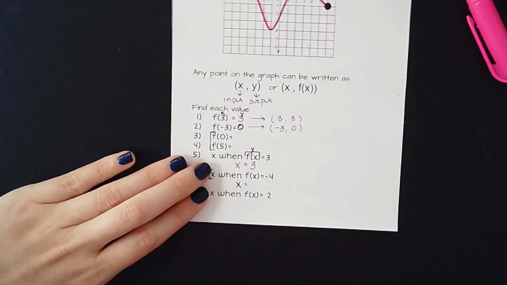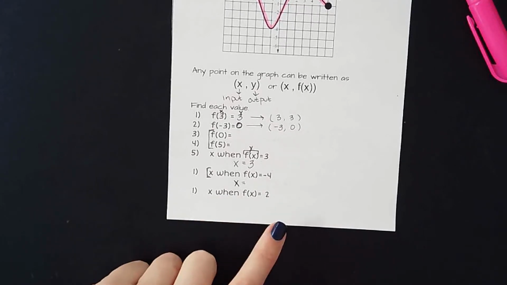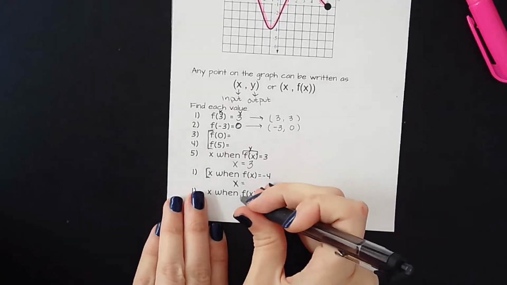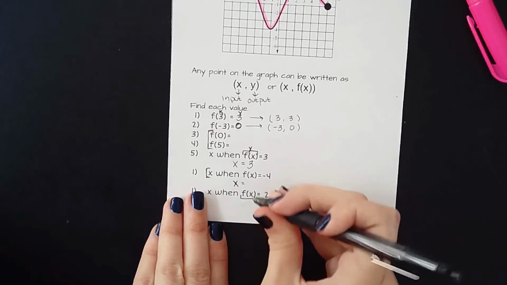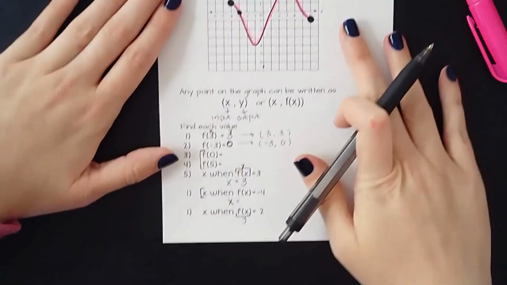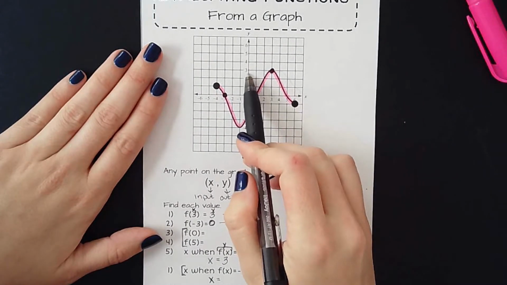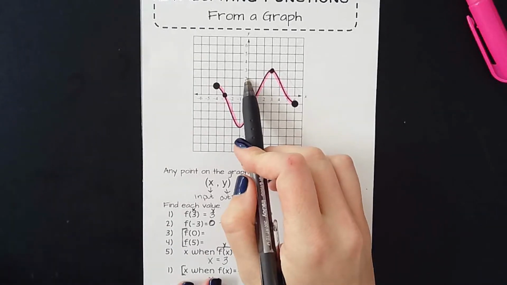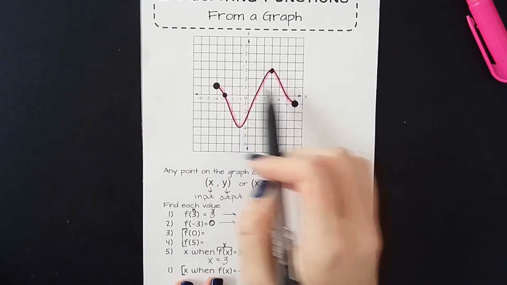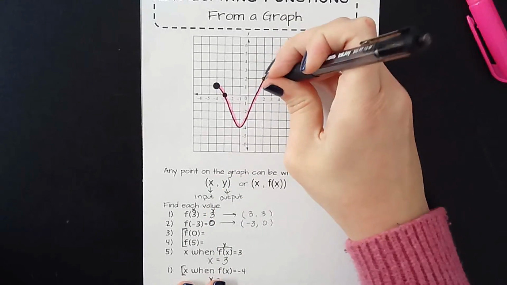And for our last one, we are finding x when f of x equals 2. So again, f of x is the same as y. So on my graph, I'm going to look at where y equals 2. And in order to hit a point on my pink function, I have to move to the right. There's a point right here.